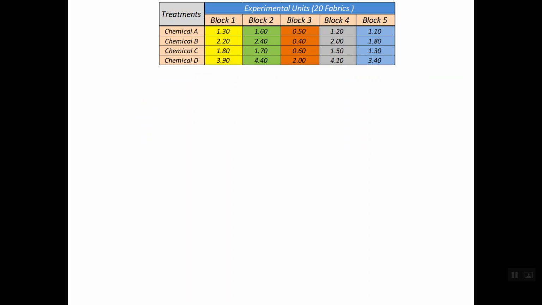Before starting the calculations, we need to understand some details regarding the experiment we have here. First, regarding the independent variable or the factor, we have the effect of the chemicals on the fabric strength.